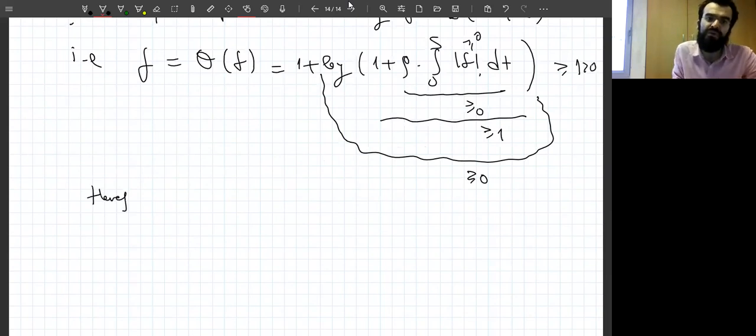Therefore f is positive, i.e. absolute f is f.